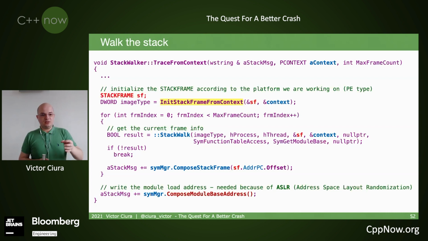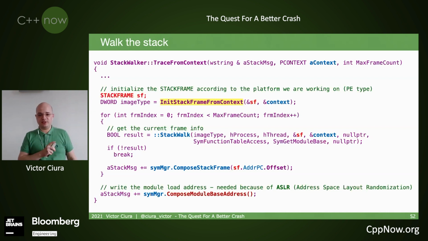So we have another utility, init stack frame from context, that fills in a stack frame structure, and we have a for loop that calls the Debug Help API called StackWalk. At each step, like I told you, the context structure is modified as the stack is traversed, and we pass in the image type we have received from the helper function.